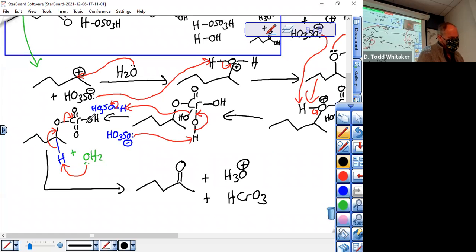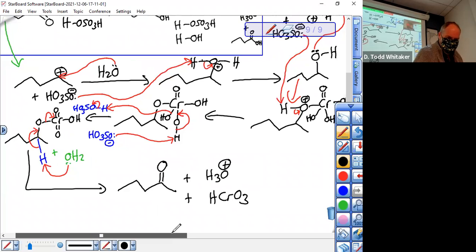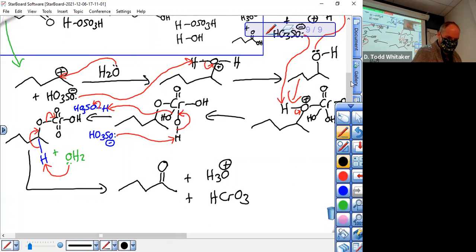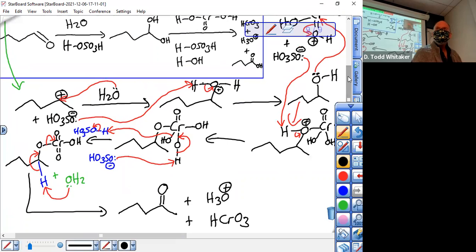And there's quite a bit to this mechanism, but I just want to keep telling you, it's a reaction mechanism that is common to a lot of reactions called condensation reactions. All the way up to here, where you made this molecule in water. That's condensation.